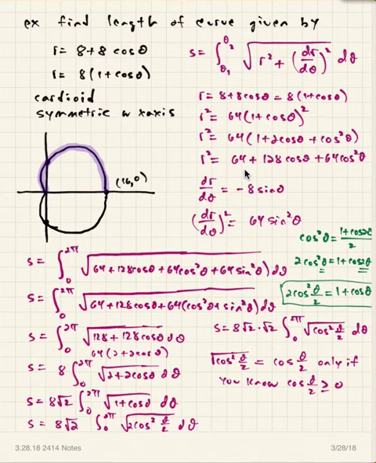All right, let me write that down here. When theta is between 0 and pi, then it's guaranteed that the cosine of theta over 2 has to be positive. And then if that's true, then you can say that the square root of cosine squared of theta over 2 is equal just to the cosine of theta over 2.